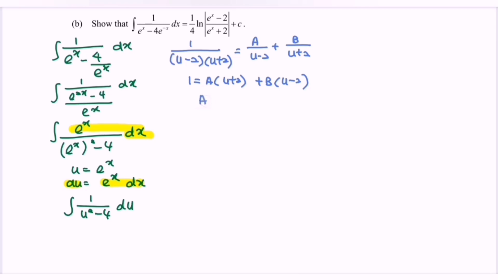So here we have a and b. In order to find a, eliminate b by substituting u equal to 2, so 1 is equal to 4a. So a will be equal to 1 over 4. Continue, u equal to negative 2, so we will have 1 is equal to negative 4b. So b will be equal to negative 1 over 4.